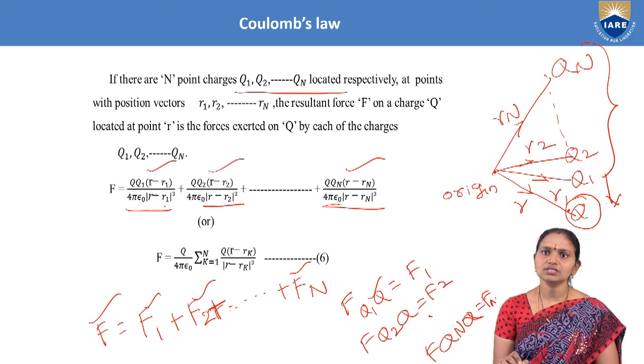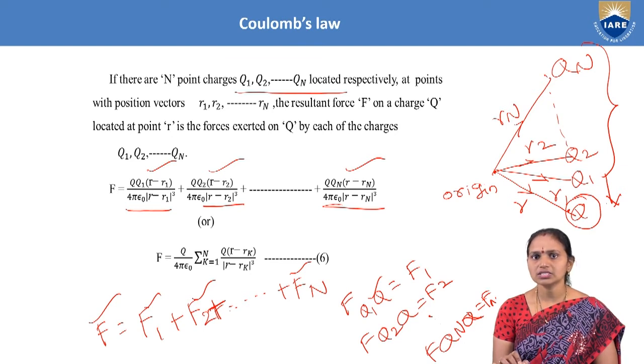Plus F2, the force on Q due to Q2: the product of Q and Q2 into the displacement vector R minus R2, because the field point is at R units from the origin and the source point Q2 is at R2 units. So R minus R2 divided by 4 pi epsilon naught times the modulus of R minus R2 whole cube.